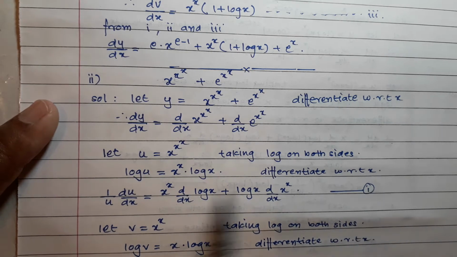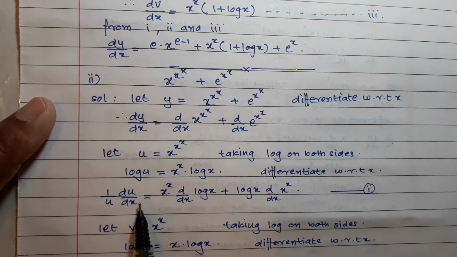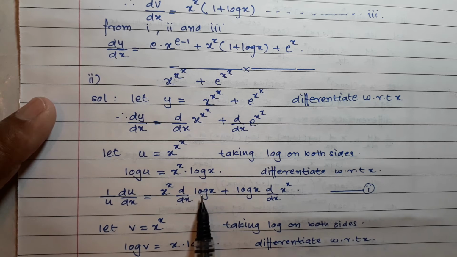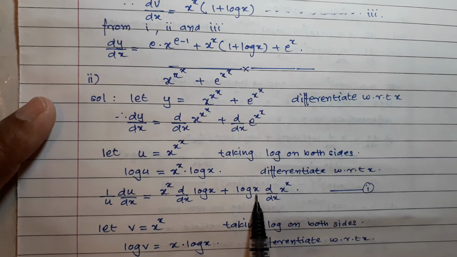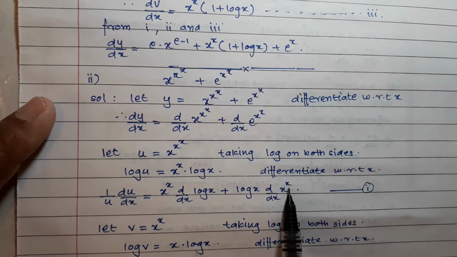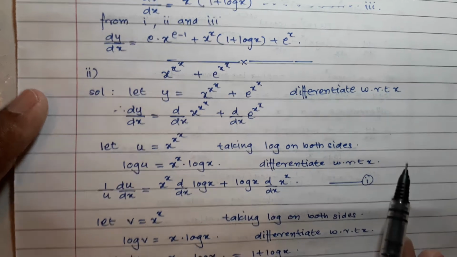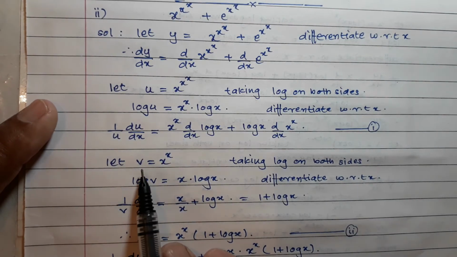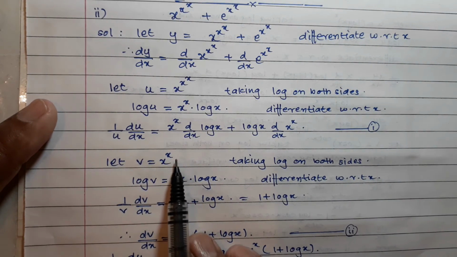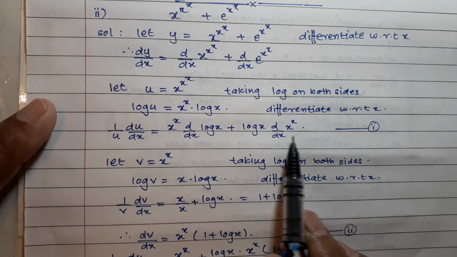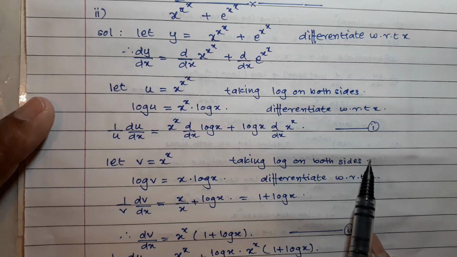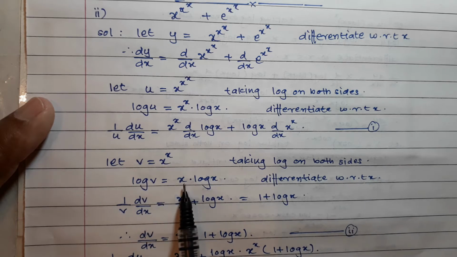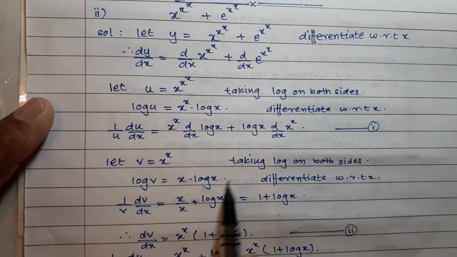Differentiate with respect to x. 1/u du/dx = x^x times the derivative of log x, plus log x times the derivative of x^x. Suppose this is number 1. Let v = x^x. Again I differentiate this, taking log on both sides: log v = x log x.